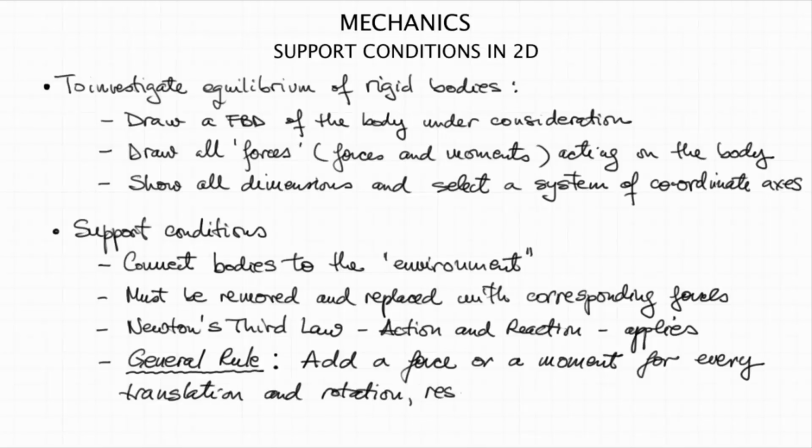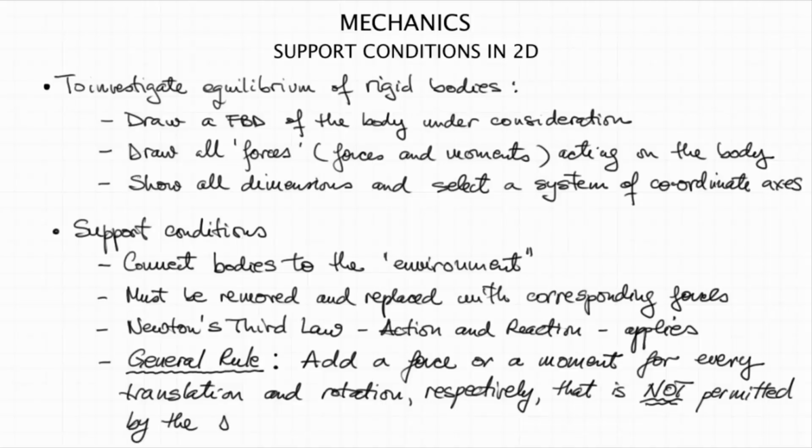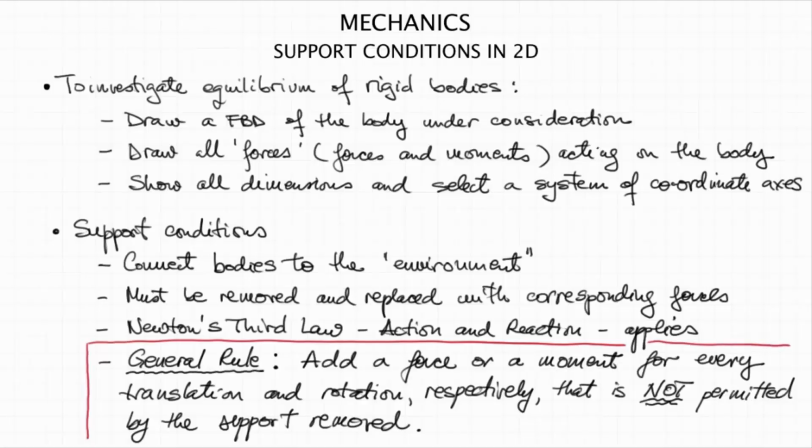In other words, when you look at a specific support, you have to decide what movements, what degrees of freedom in terms of translation or rotation, this support does not allow. Then you replace these with forces for translations that are not permitted, or with moments for rotations that are not permitted by the support.